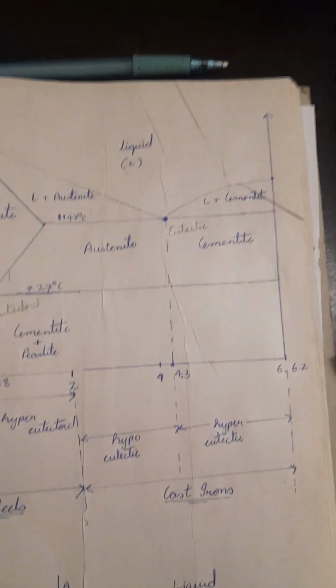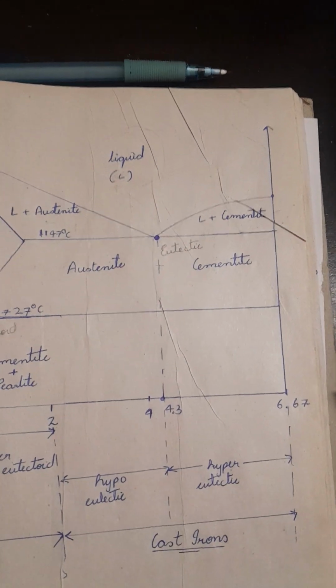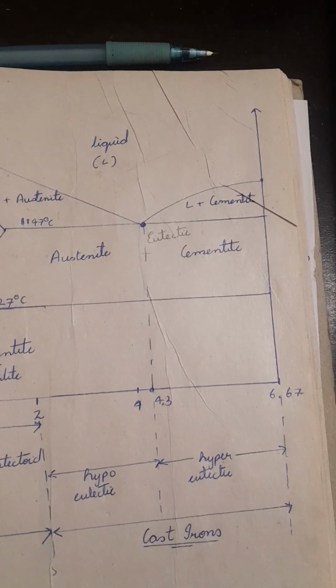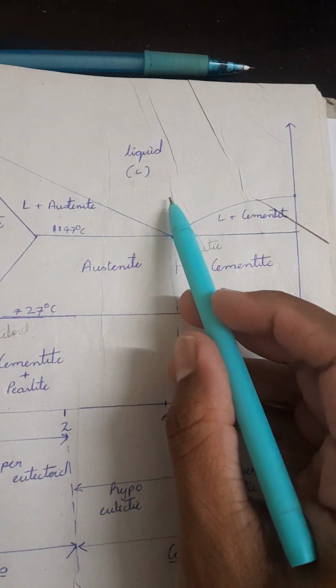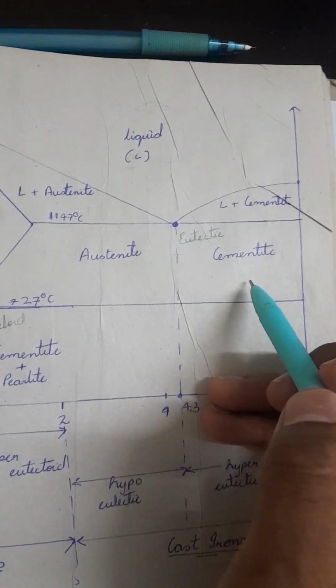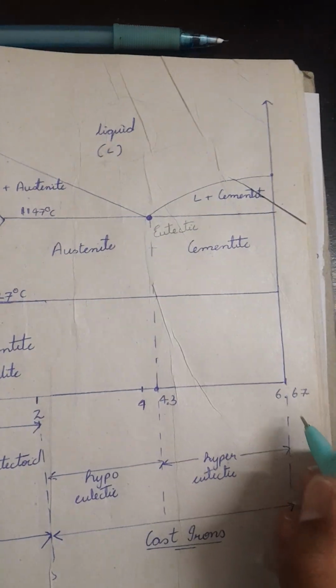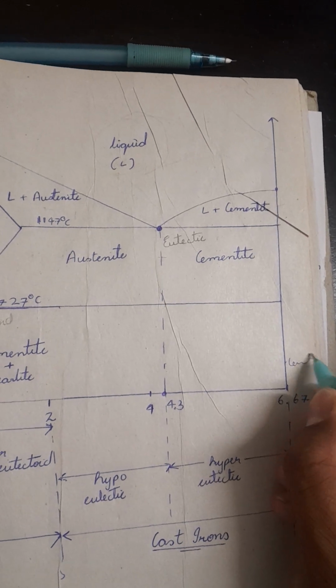Coming to the eutectic region, as I told you, a eutectic reaction occurs when a liquid solely breaks into two different solid phases. Here, iron in its molten state is giving you austenite and cementite. I forgot to tell you, this is the cementite phase.